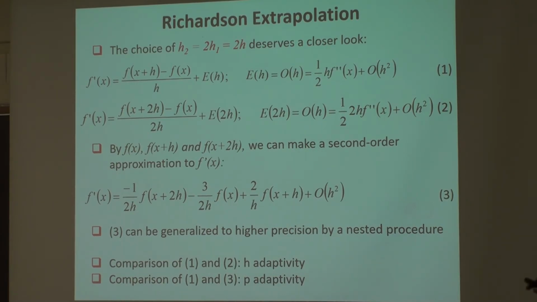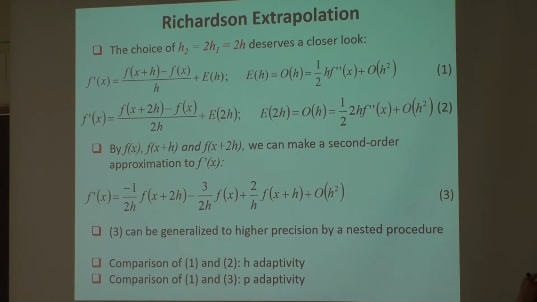So I can get an estimate of how good my approximation in H is by comparing the results of 1 and 2, without knowing the true slope.